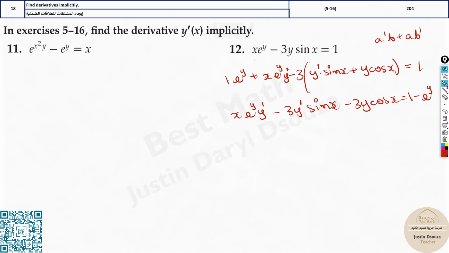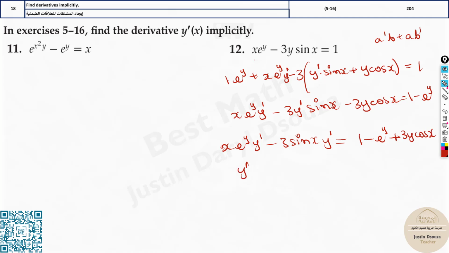Because this goes to the other side. 1 times e power y is e power y itself. 1 minus e power y. And now y prime and y prime, let them be here. y prime, minus 3 sine x y prime, because I'm going to remove this y prime. This will be equal to 1 minus e to the power y. This, when it goes to the other side, it becomes plus 3y cosine x.